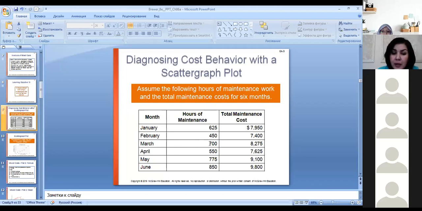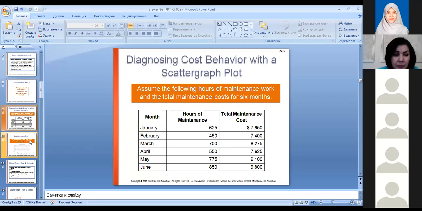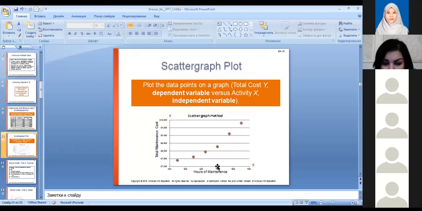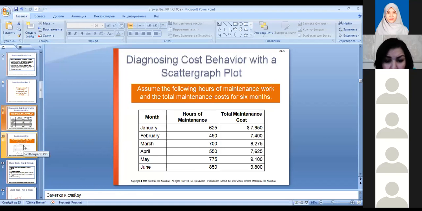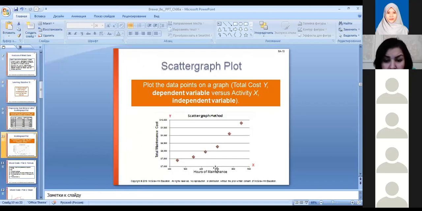On the x-axis, we have 700 hours, and on the y-axis, we have 8,275. So it is this point.